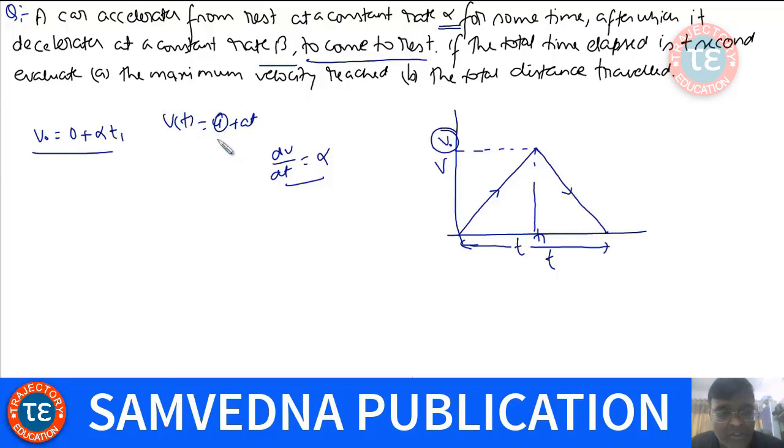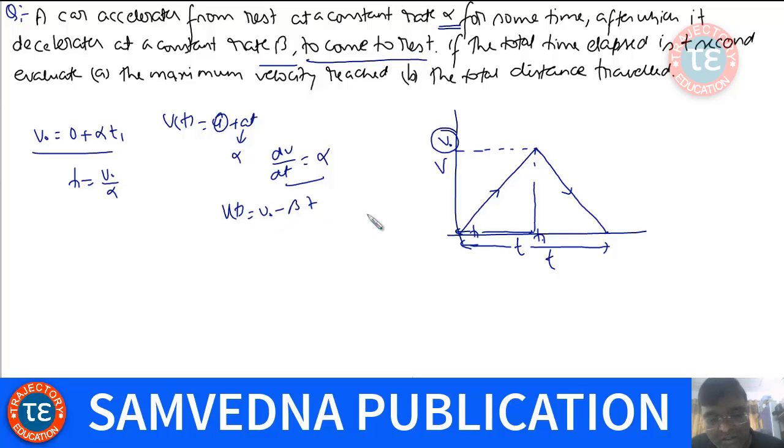See, v is u plus at. It starts from 0 and acceleration is alpha, and the velocity after t1 time is v naught. So t1 will be v naught by alpha.